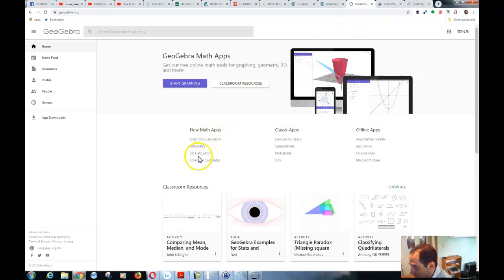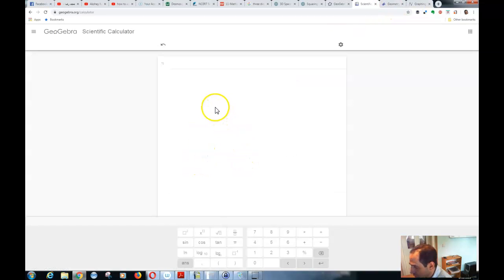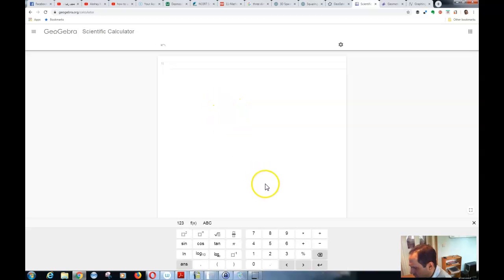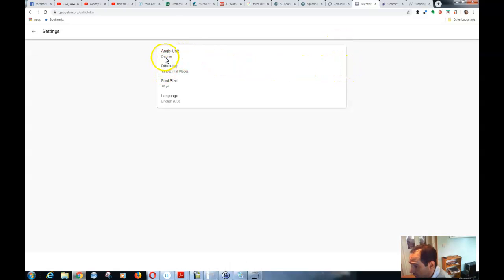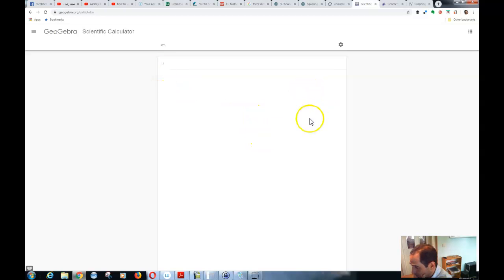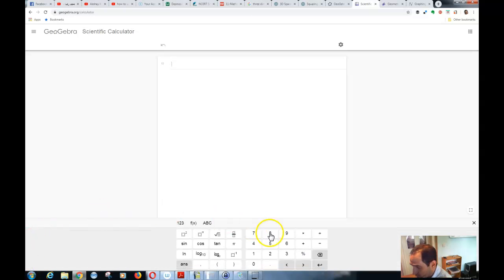And there is another thing over here, the scientific calculator. You can change some preferences over here, rounding to 3 decimal places. You can go all the way up to 15 decimal places, or all the way up to 13 significant figures, font size, language, and then the keyboard is supposed to be there.